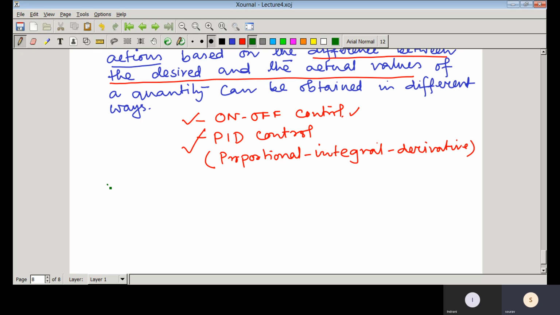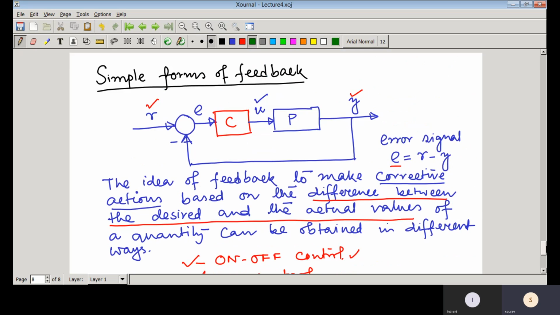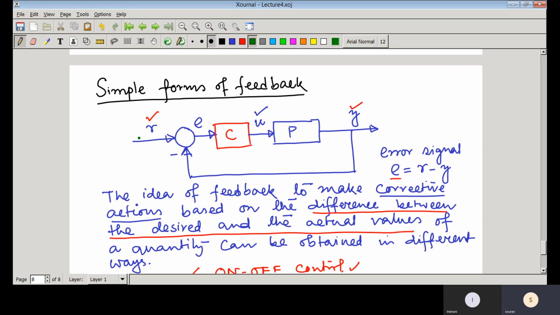So let us start the on-off control strategy. Here you can see that we have given a reference command, and we want the controlled output to track that reference command.